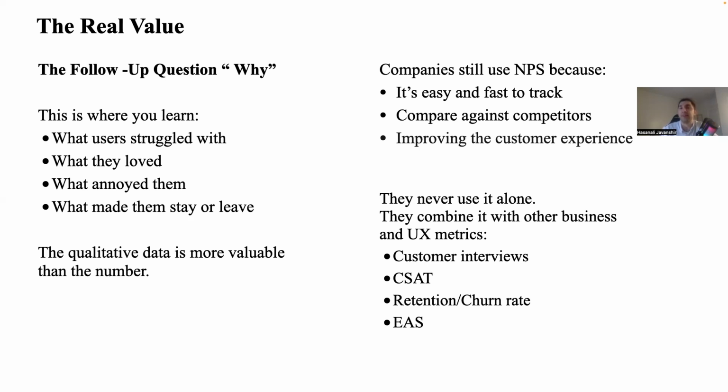Companies can use it as a direction and approach, and can learn all this insight by asking the next follow-up question: why they gave this number? What is the reason that they chose this number? And they can grab these qualitative insights and improve the areas that need to be improved.